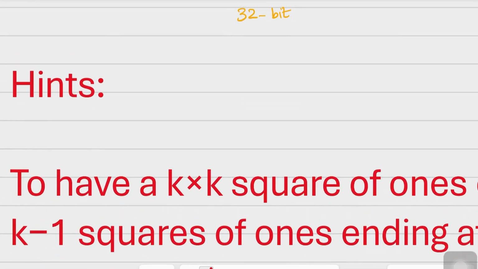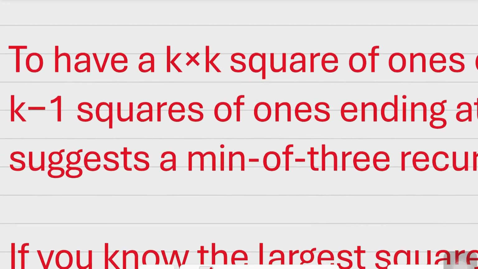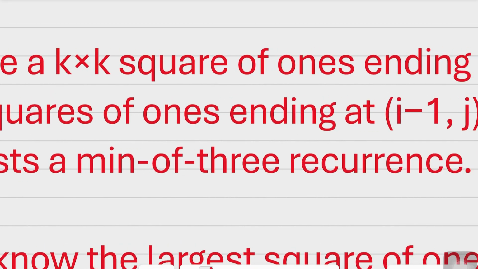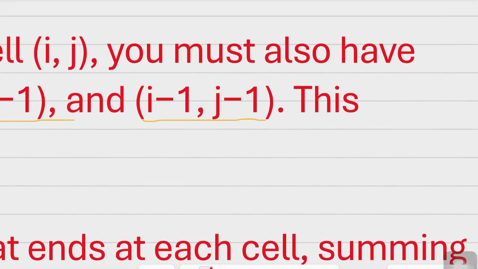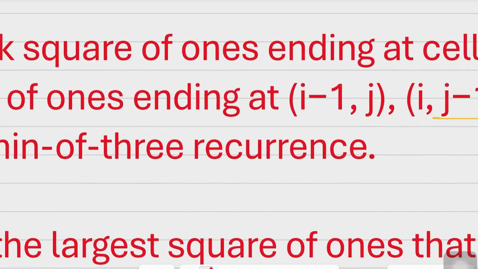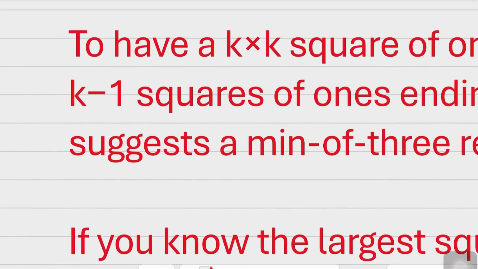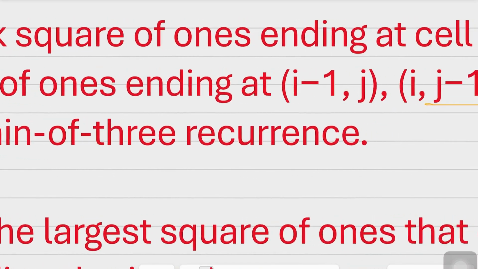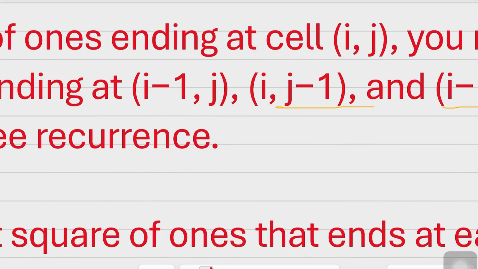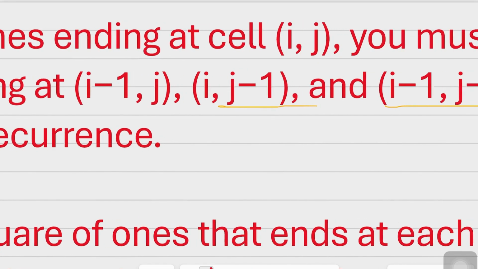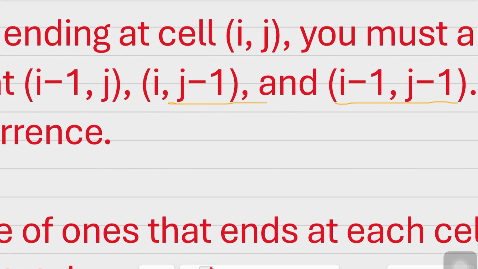1. To have a k square of ones ending at cell i, j, you must also have k minus 1 squares of ones ending at i minus 1, j; i, j minus 1; and i minus 1, j minus 1.